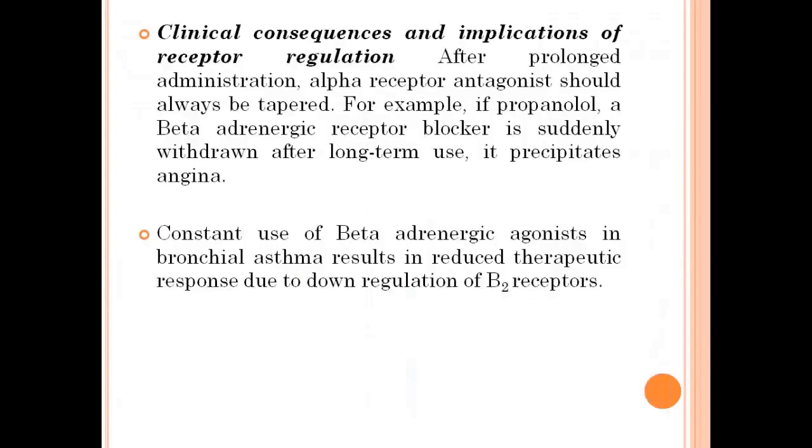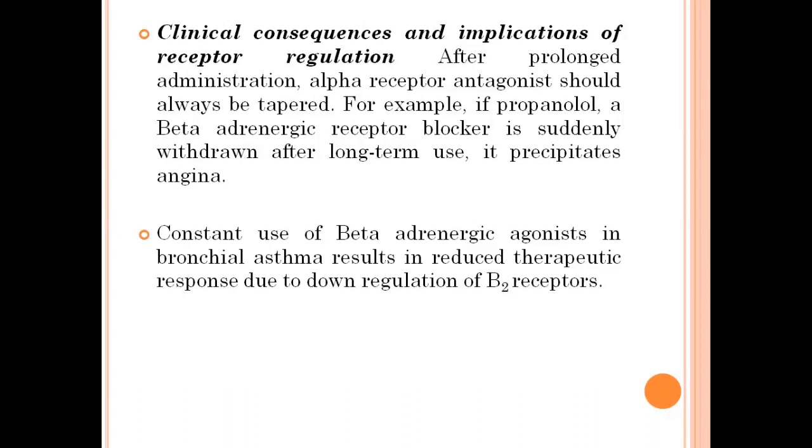Now, what are the consequences and implications of receptor regulation? After prolonged administration, beta receptor antagonists should always be tapered. For example, if propranolol, a beta adrenergic receptor blocker, is suddenly withdrawn after long-term use, it precipitates angina. So some drugs, when taken for a long duration of time, should not be stopped immediately. The dose has to be reduced and then only can it be stopped.